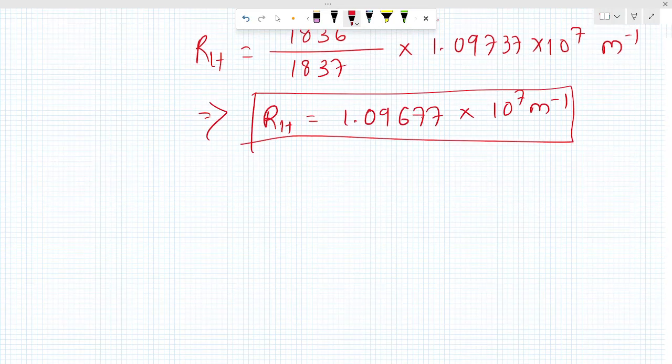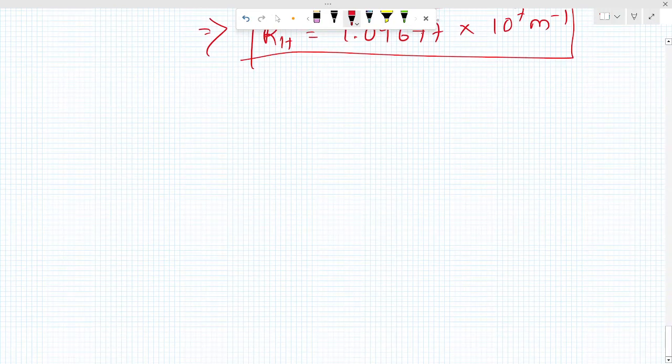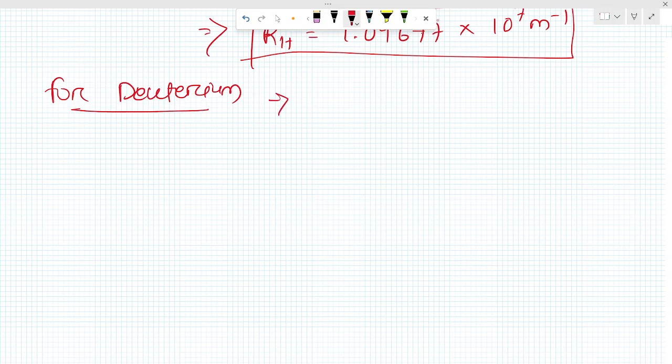Also for deuterium and tritium, you can calculate. I am only writing their values. For deuterium, R_D is equal to 1.09707 into 10 to the power 7 meter inverse.